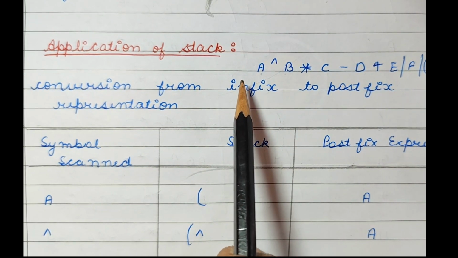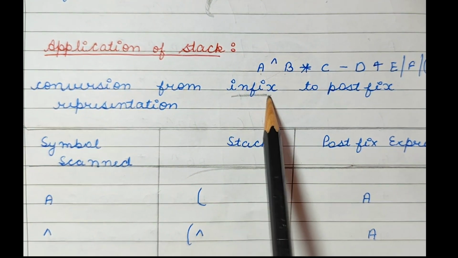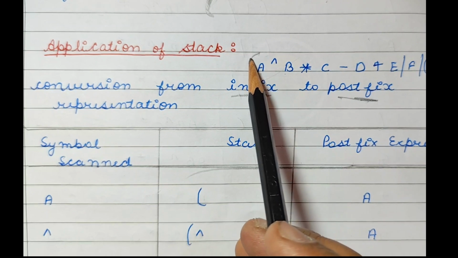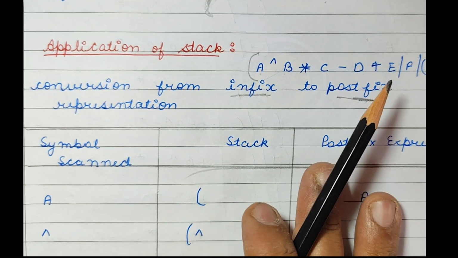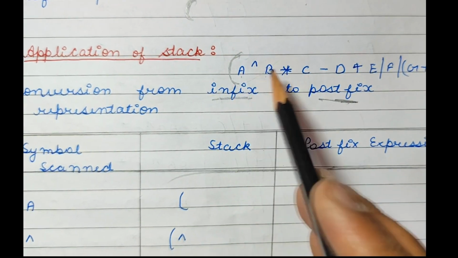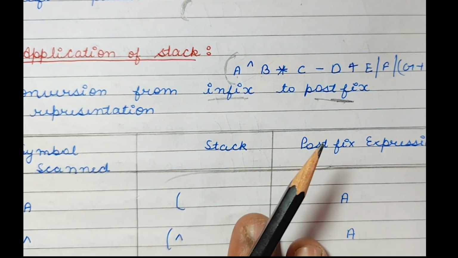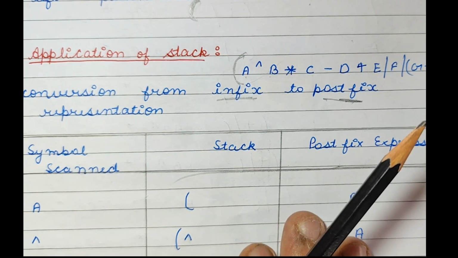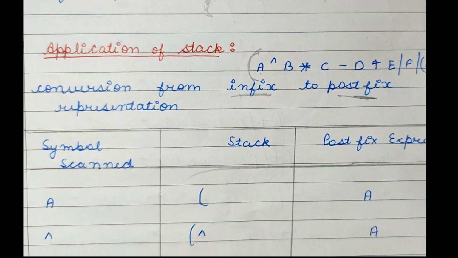Now the first step, if you want to convert this expression from infix to postfix, is to include the complete expression in left and right parenthesis. So I include here a left parenthesis and also one right parenthesis after this bracket, enclosing the complete expression.